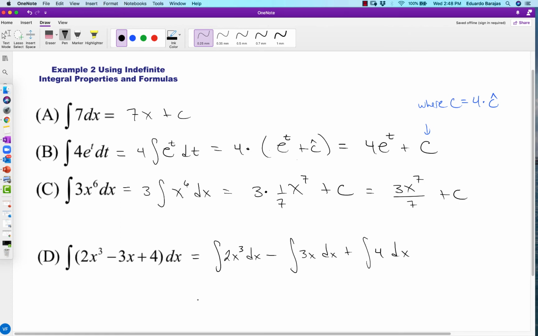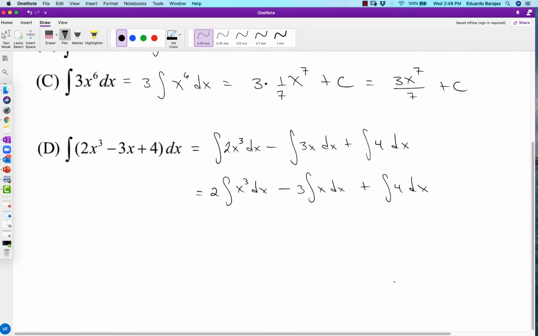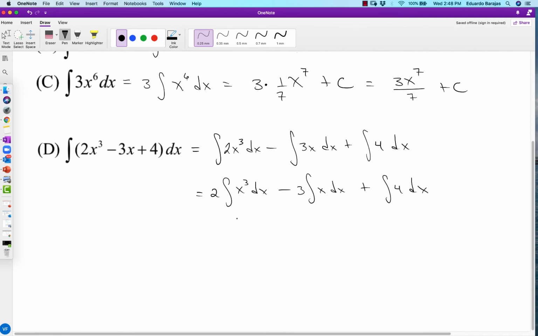Here we're able to pull out a constant 2, be 2 integral of x to the third dx minus, and here we can pull out this constant, be 3 integral of x dx plus, and then we'll leave this alone as a 4 dx.